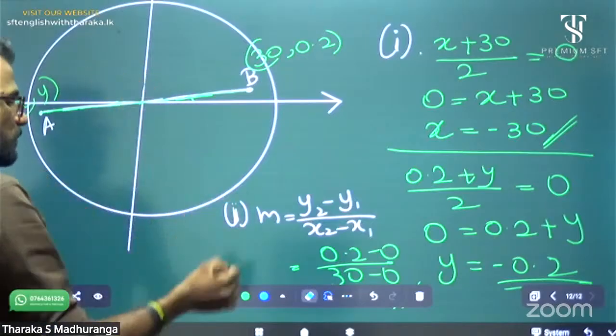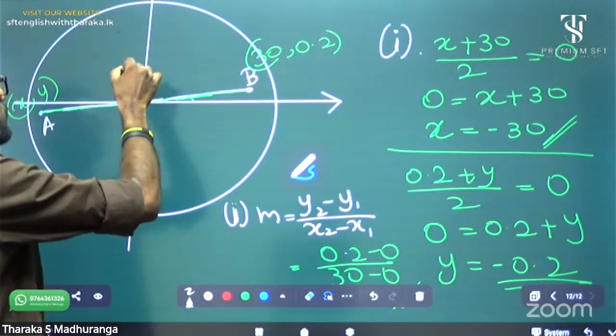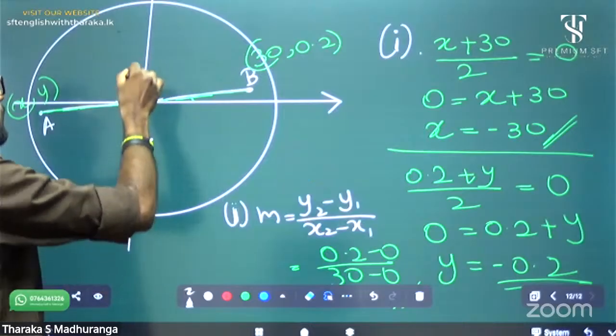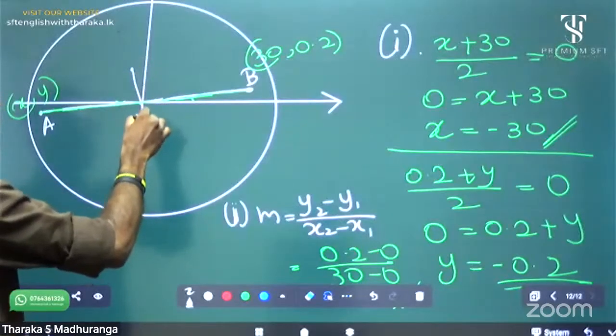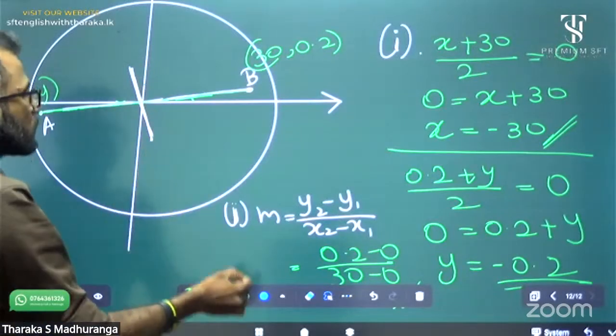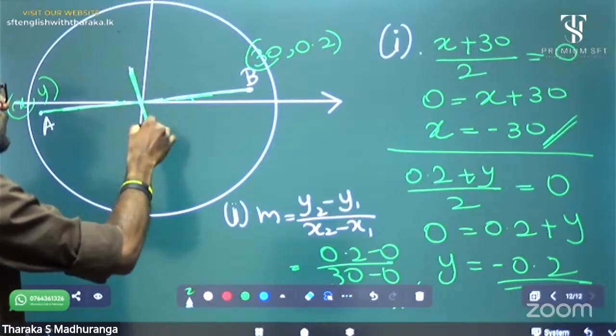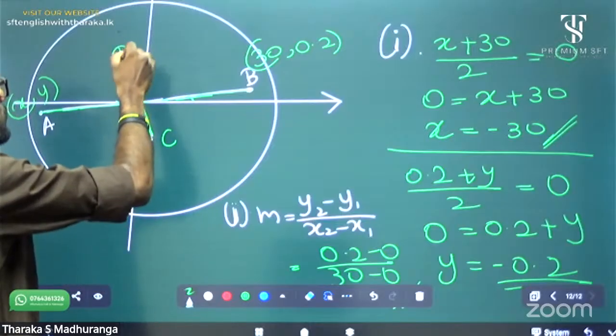Now it is very simple, right? This is the CD line. This is C and D.